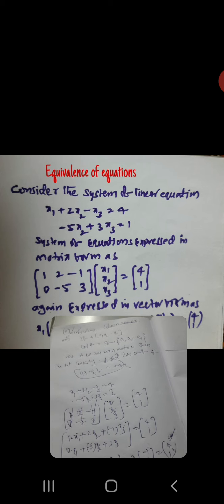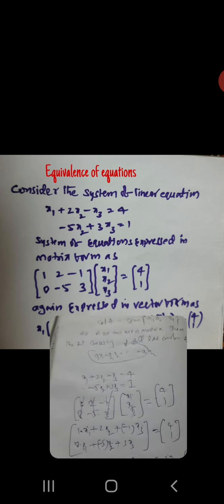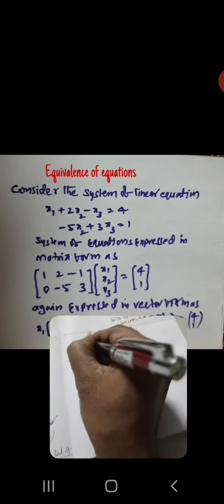You see one of the problems under this. Ax is equal to b is the matrix notation. A matrix is given as 1, 2, minus 1, 0, minus 5, 3, and x is x1, x2, x3.